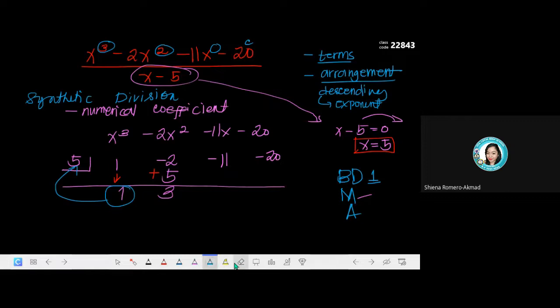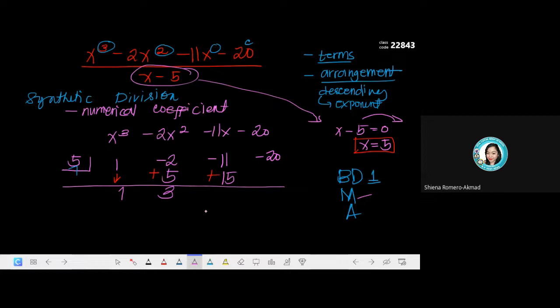Next, after you add, mag-multiply na tayo. So, 3 times positive 5 is 15. So, sulat natin dito yung 15. Then, we will add. Okay? Ano yung magiging answer?